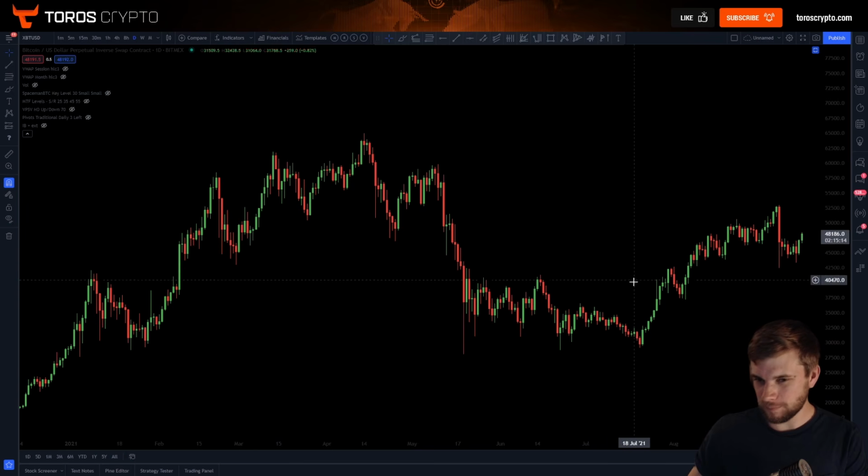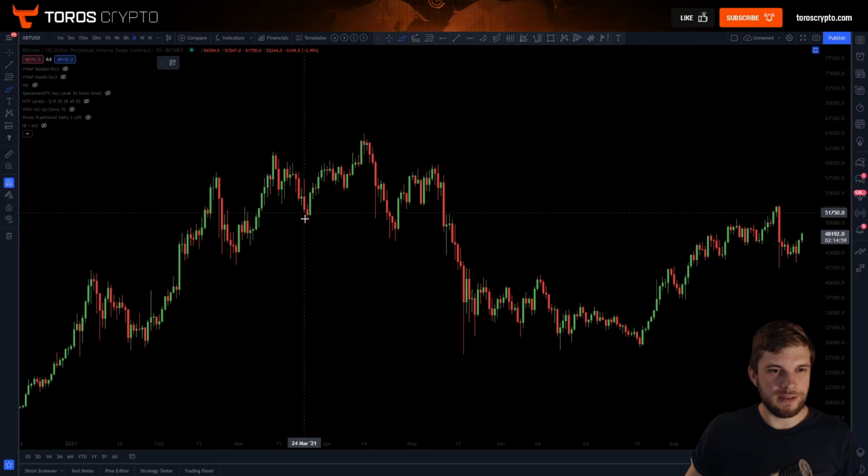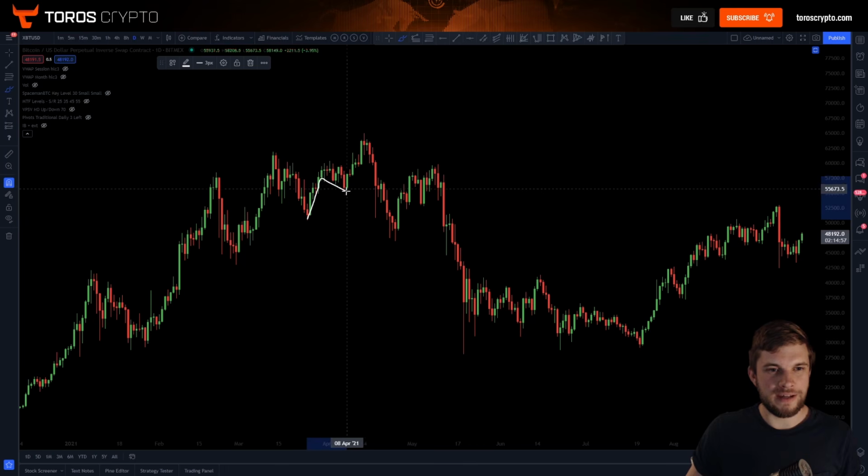Now, again, I haven't done preparation on this, but what we can see is a few little things. What immediately stands out to me is that we have this move up here that then comes down into this kind of flag looking thing. And what happens afterwards?